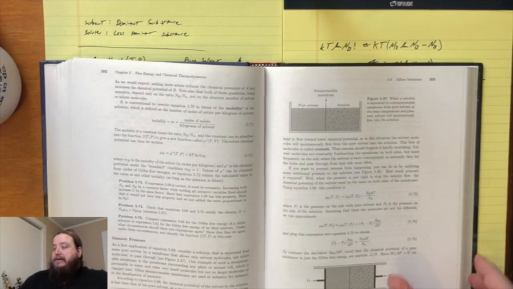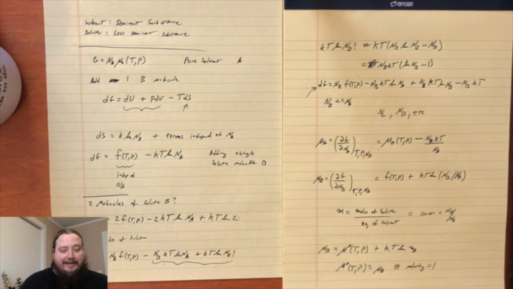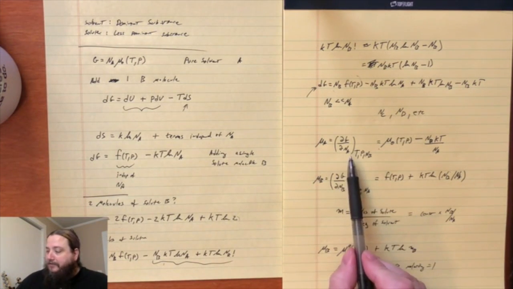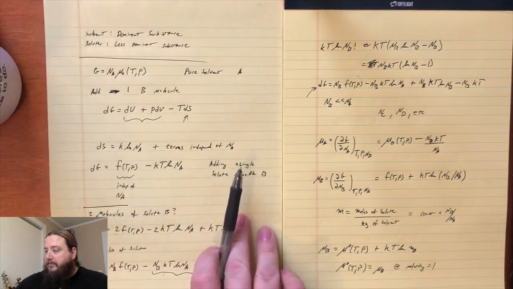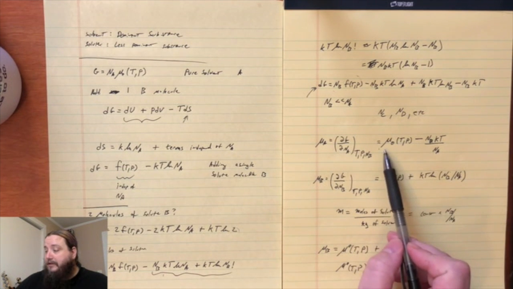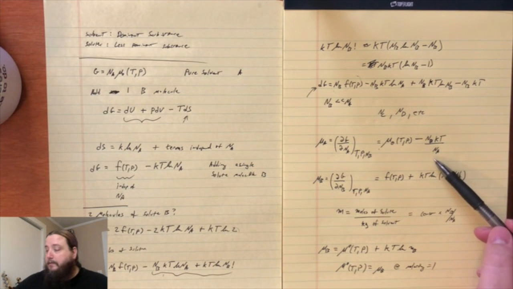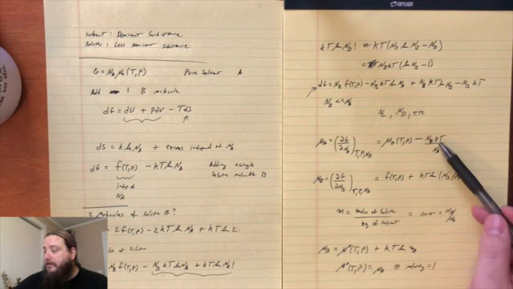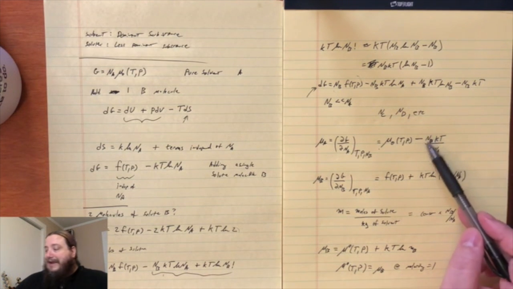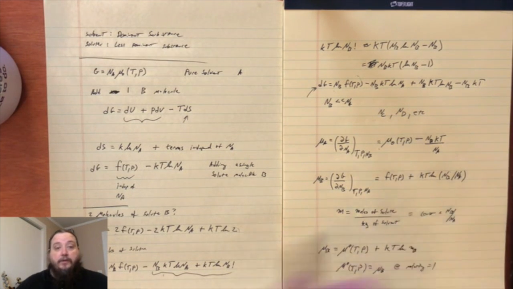So what's going to happen in this system is that, since the chemical potential of the solvent in solution is the chemical potential of the pure solvent minus some term which has to do with the ratio of the number of solute molecules to the number of solvent molecules, any amount of solute is going to lower the chemical potential of our solvent.